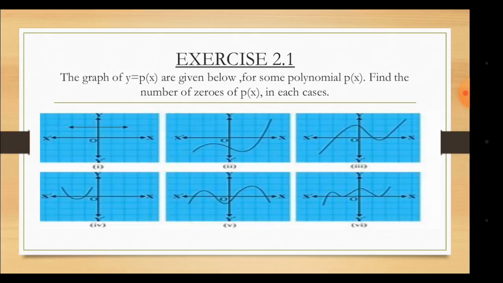That means it has 2 zeros. Similarly, the fifth graph cuts the x-axis at 4 points, so it has 4 zeros. In the last one, the graph intersects the x-axis at 3 points, so it has 3 zeros.